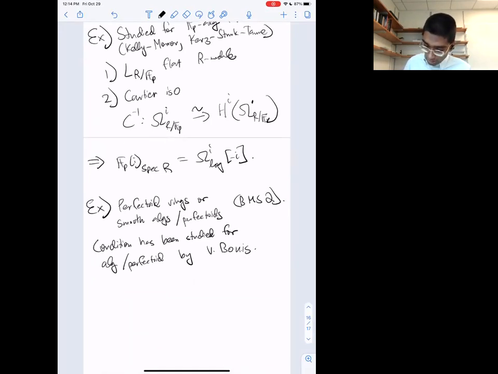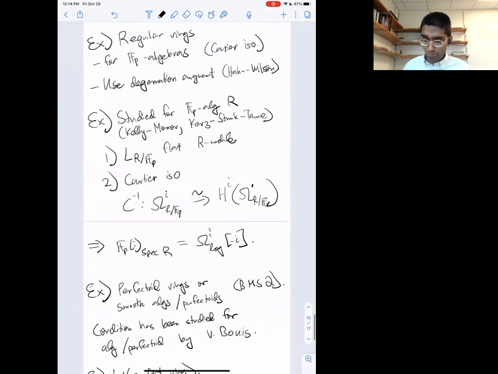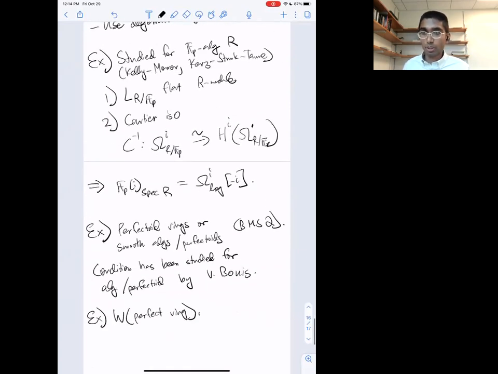Just one more example is that the Witt vectors of a perfect ring. So you can see this using the same sort of degeneration argument of Hahn and Wilson. I think also there should be a purely prismatic argument, both in this case and in the case of regular rings, but I don't quite understand the details just yet.